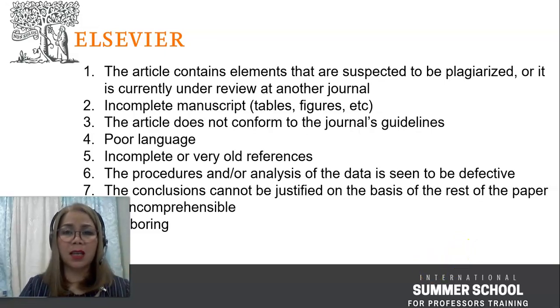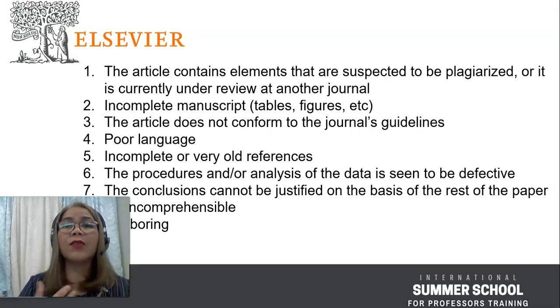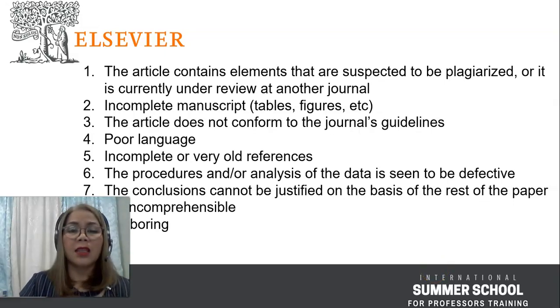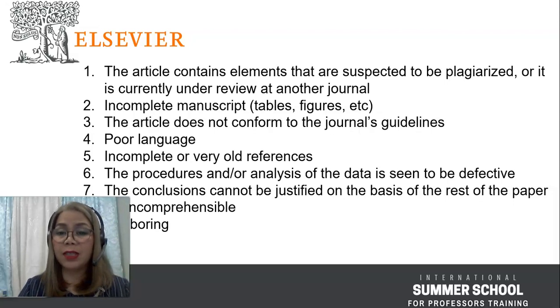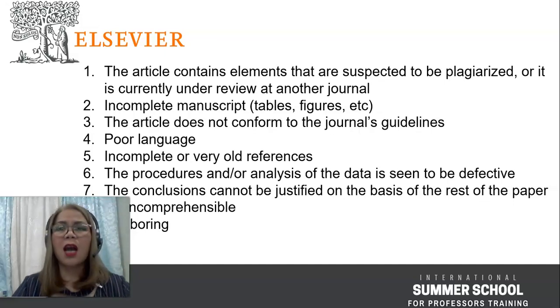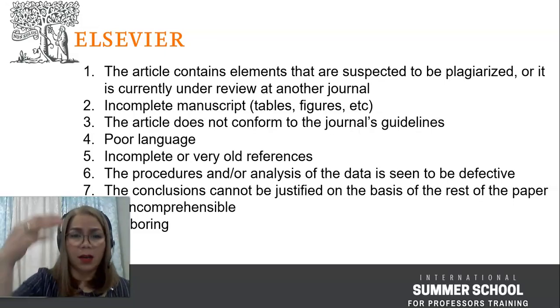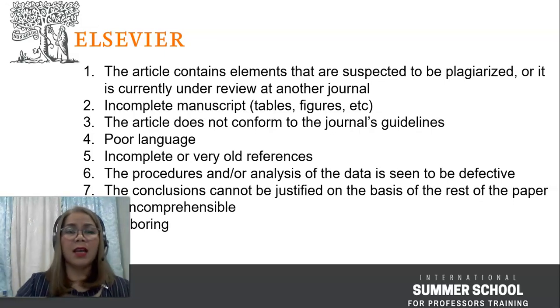The references are incomplete, or you are using old references, or your references are from unreliable sources. Another reason could be that the procedures or the analysis of the data are seen to be defective. The conclusions cannot be justified on the basis of the rest of the paper. The paper is incomprehensible or it is boring. Definitely, if our papers are like this, then Elsevier will not accept them.